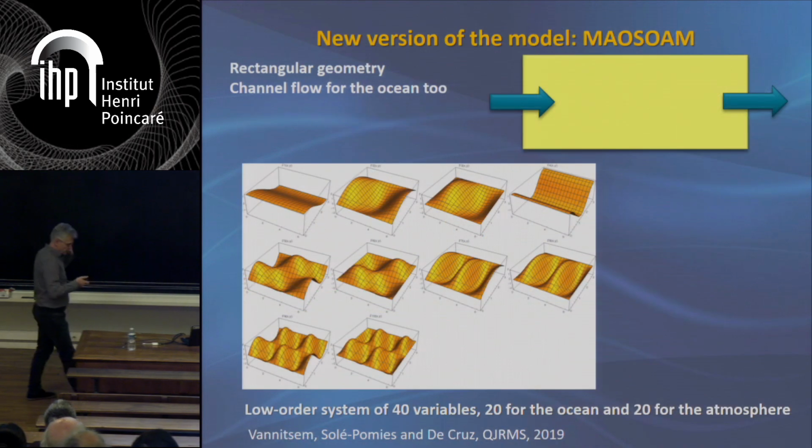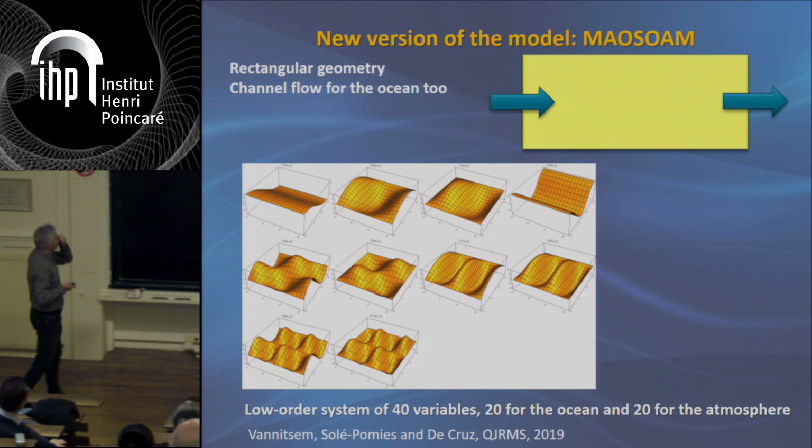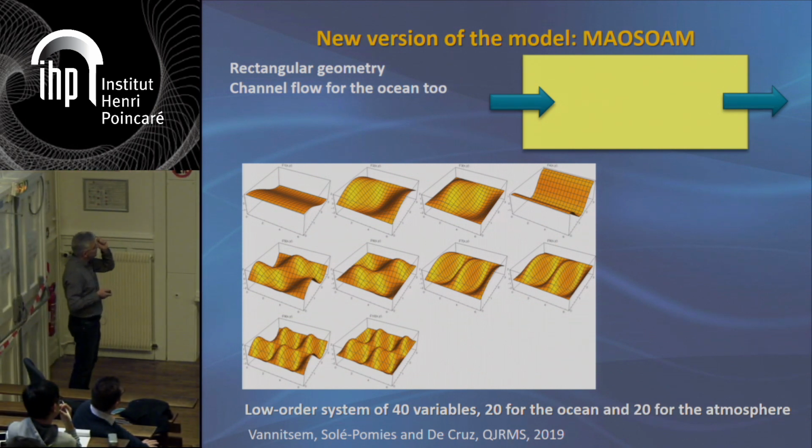The second version of the model, we call this one MAOOAM. What we did is to open the boundaries in the x direction, so in the zonal direction for the ocean. We assume here that we have periodic boundary conditions within the ocean too.